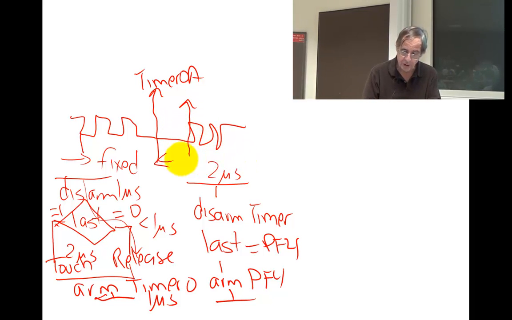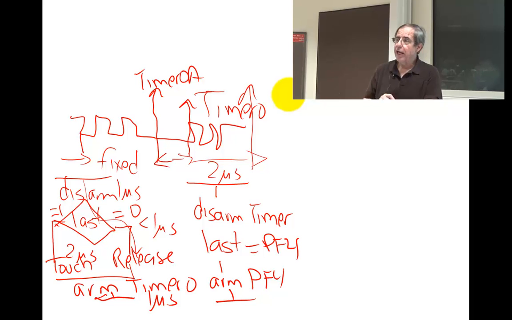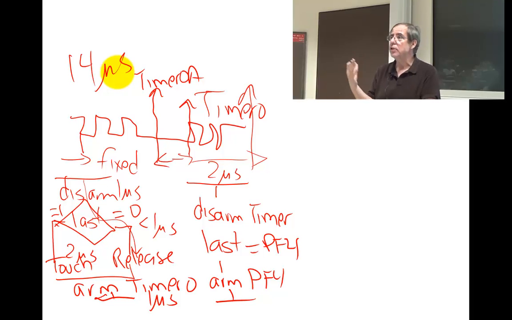So I'm going to get a second timer 0 interrupt. Okay? So I touched and released the switch. I used all of 5 plus 5 plus 2 plus 2, 14 microseconds every time I touched and released the switch.